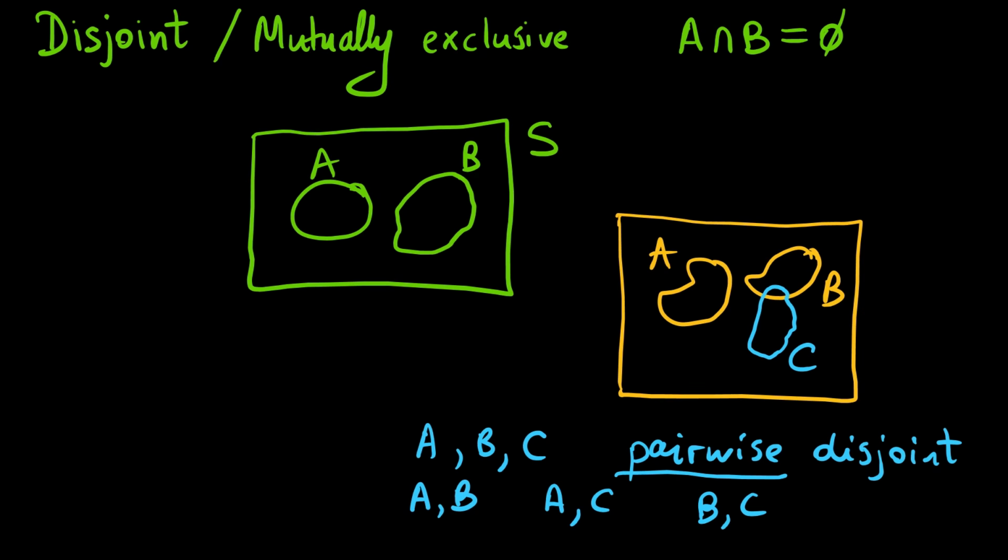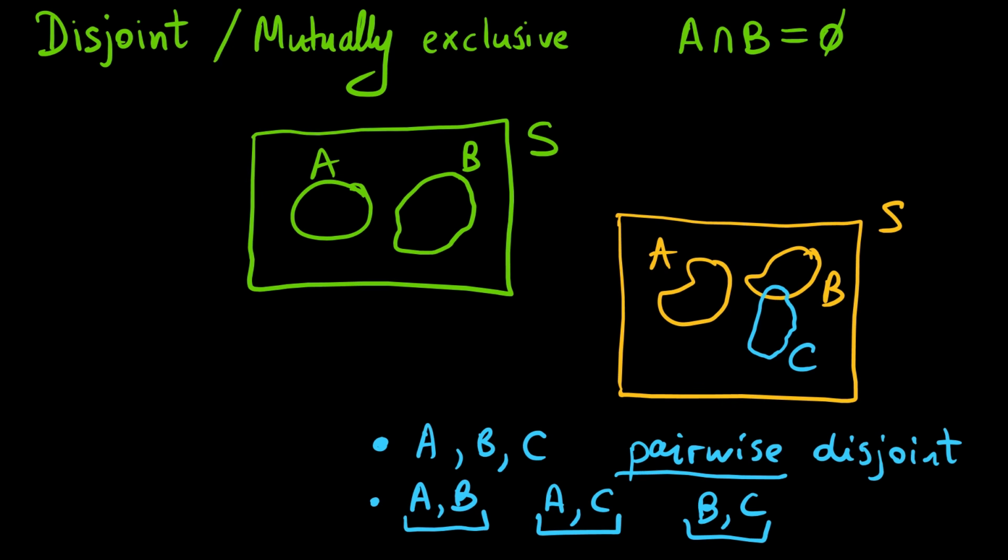So A, B, and C will be pairwise disjoint if these 3 pairs are disjoint: if A and B are disjoint, A and C are disjoint, and B and C are disjoint. So let's see if what we've drawn in this sample space has A, B, and C pairwise disjoint. Are A and B disjoint?